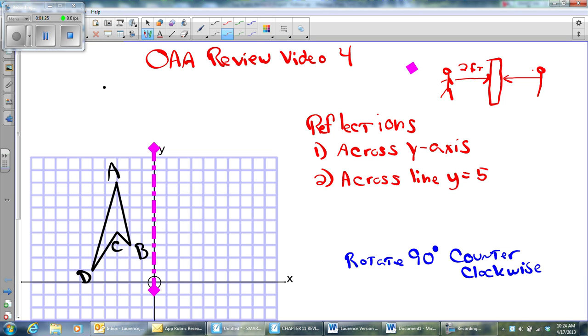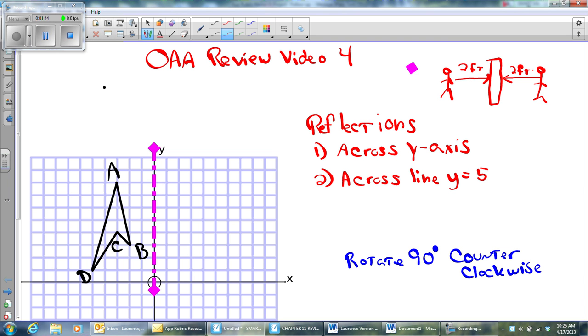Try it sometime at home. You get closer to the mirror, you'll get larger. You know why? Because the distance is decreasing. If you move back, you look smaller in the mirror than your actual size because you're farther away.